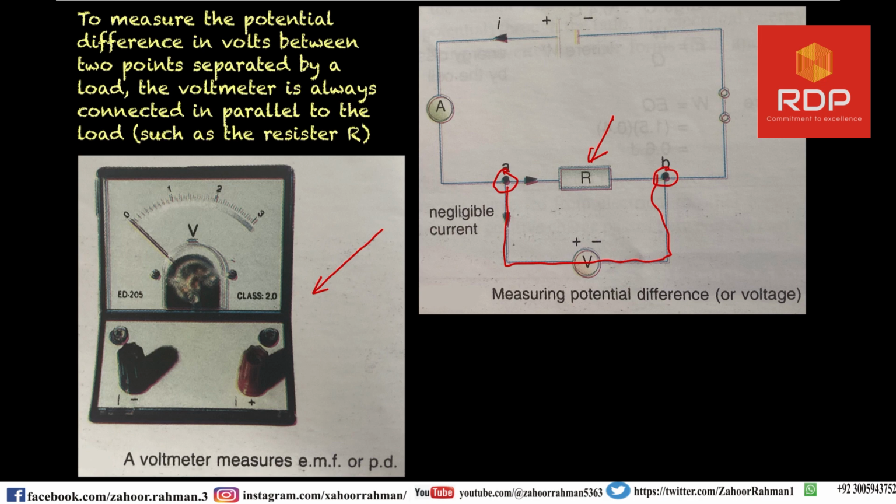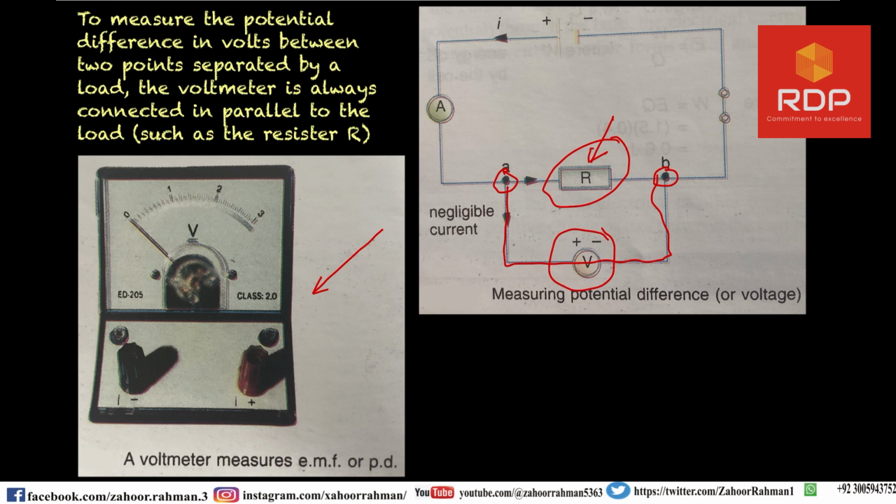The resistance of this voltmeter must be larger than this load, so that we will not draw a much greater current than what it should be.